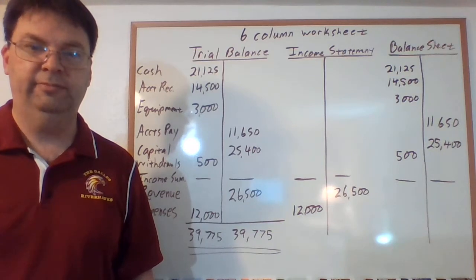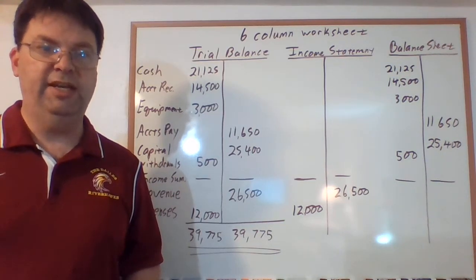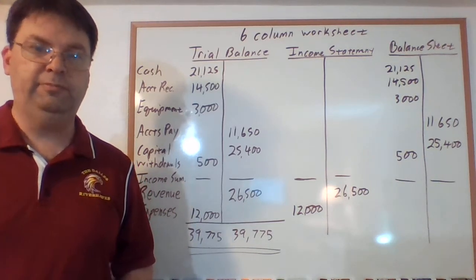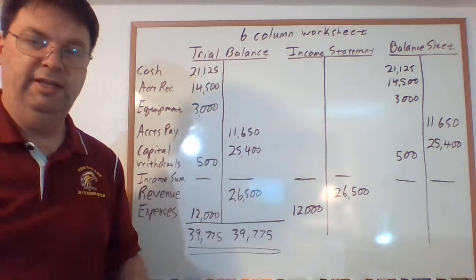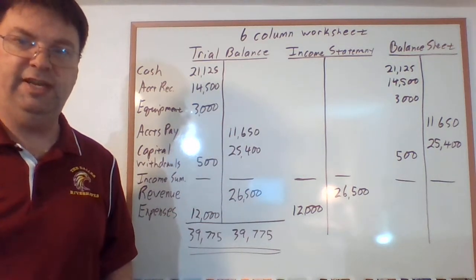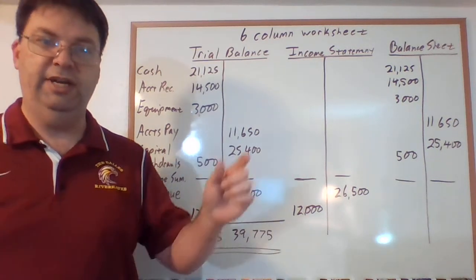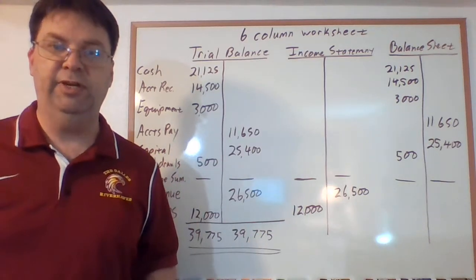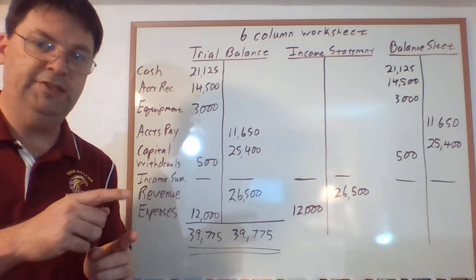With that in mind, we're going to take a look at what's going on here as far as these numbers. We can separate these out into different statements. If someone asks you, what's your income statement, that's going to be your 2nd column over here. You'll notice it just deals with revenue and expenses.